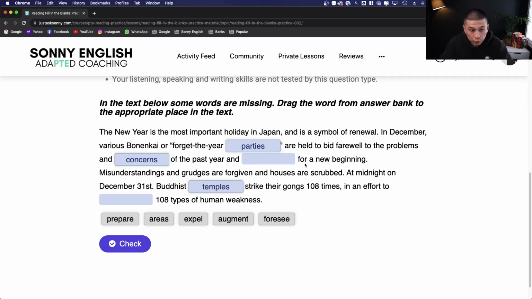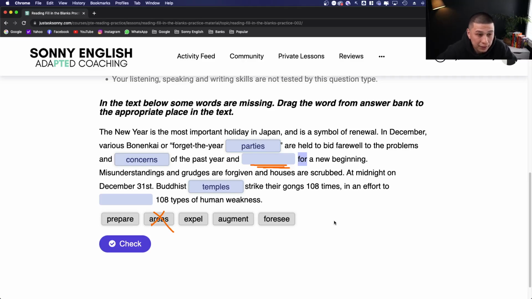Okay? So now, with this preposition here, again, it's most likely that this is a noun, but because they said "and" here, you would not look for a noun as the first option. Because what would be the purpose of all these ands? You can't write it that way. So we will not look for a noun here. So what do we have that's not a noun? Well, we have areas as a noun, and then augment can be a noun. It also can be a verb. But then let's just see here, "for."